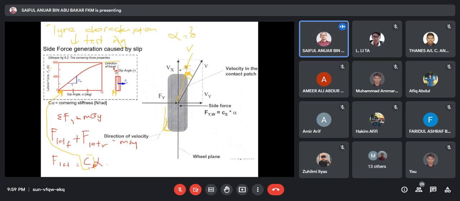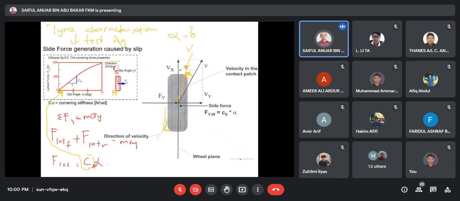And then that machine itself is very expensive. So usually, even in Malaysia, tire manufacturers don't have that kind of machine, because usually it's only available in the tire manufacturers' headquarters, which has the R&D department.